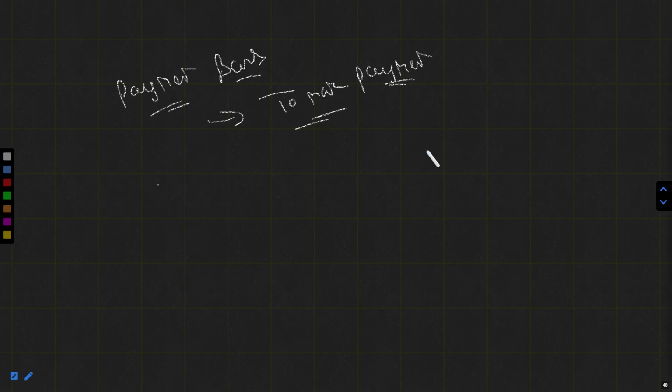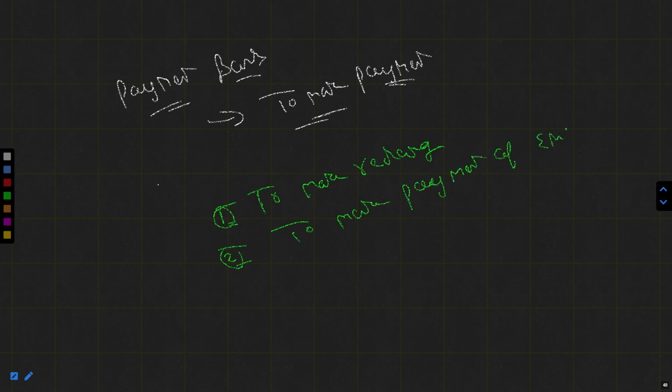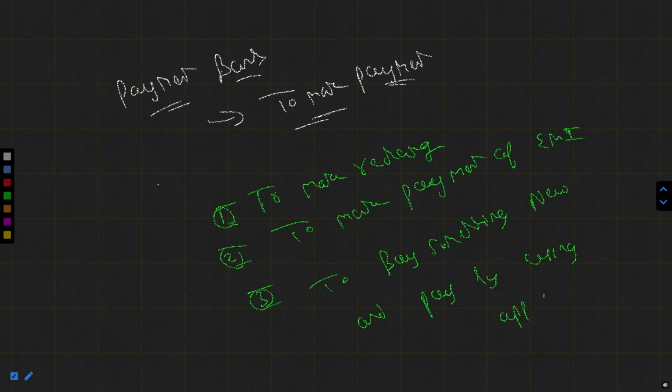Like, if you are using various applications, then you get a notification to make a recharge, to make payment of your EMI, or to buy something new and make payment using app XYZ.